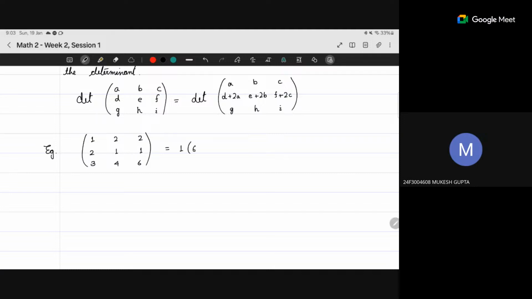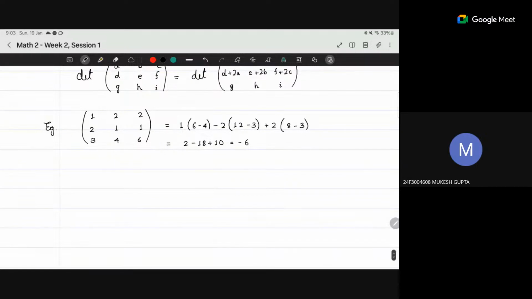You'll get 1 times (6 minus 4) minus 2 times (12 minus 3). Once again, stop me if I'm making some computation error. This just becomes 2 minus 18 plus 10. This is minus 6, correct? So this is how I compute the determinant of this.